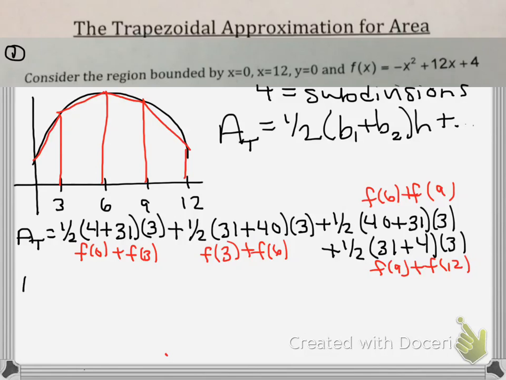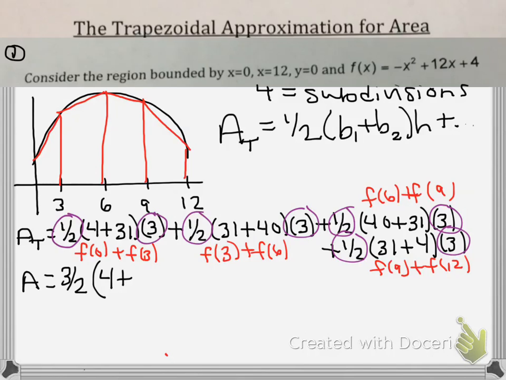So our area equals, well, since they all have this 1/2 and this 3, I'm actually going to factor that out to make it easier. So now I'm looking at 3/2 times, okay, now I can say, well, everything else I can add together if I wanted to. 4 plus 31 plus 31 plus 40 plus 40 plus 31 plus 31 plus 4.